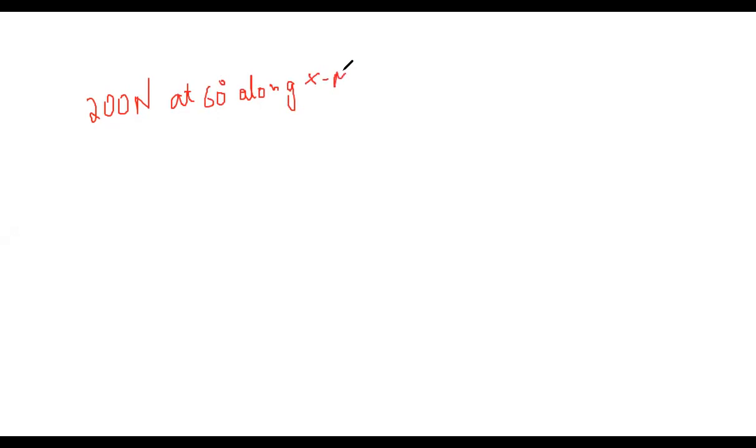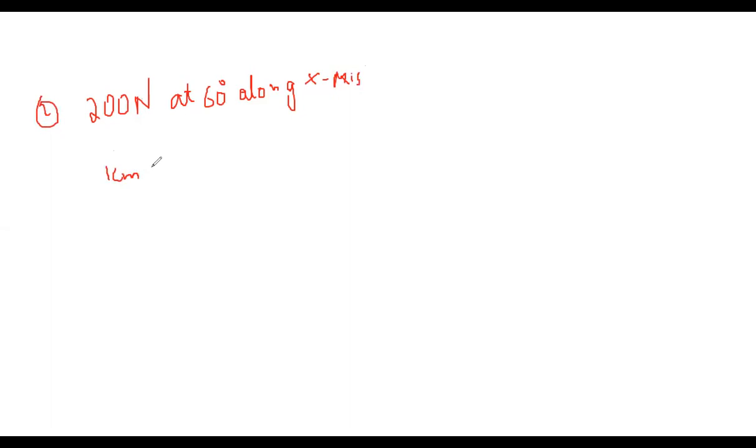So students, you know very clearly now that two things are required here in this vector. 200 Newton is the magnitude and 60 degrees is the angle. Here you need a scale, and you can take any scale according to your convenience.